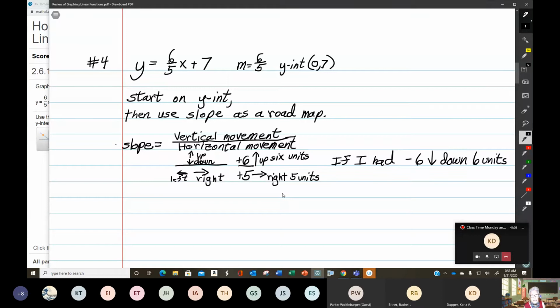Now, if 5 had been negative, that would mean go to the left 5 units.